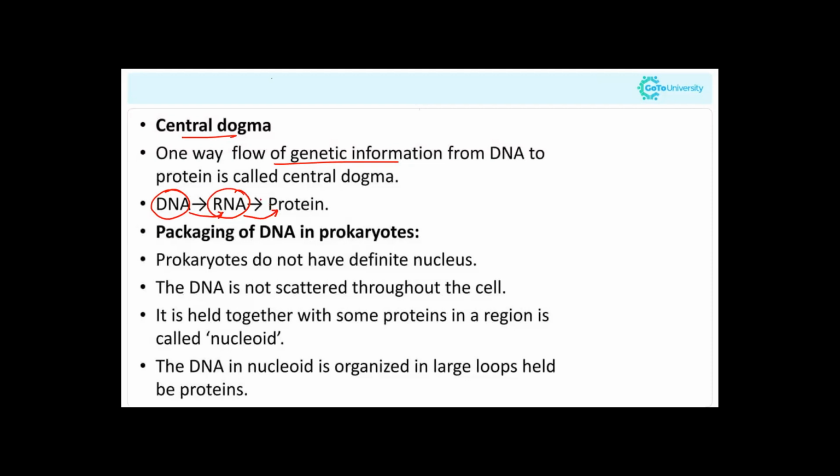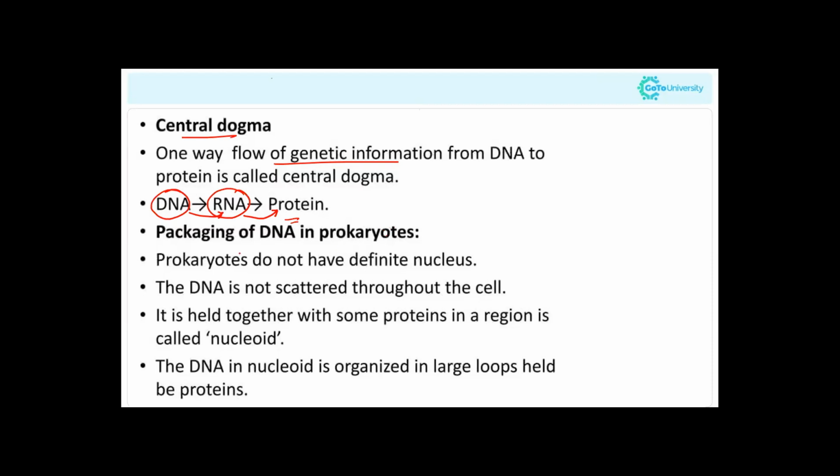The DNA is converted to RNA, or the information from DNA is transcribed to RNA, by the process called transcription, and RNA is translated to form protein by the process called translation. We have learned about all these processes in the class, so we know what transcription is and what translation is.